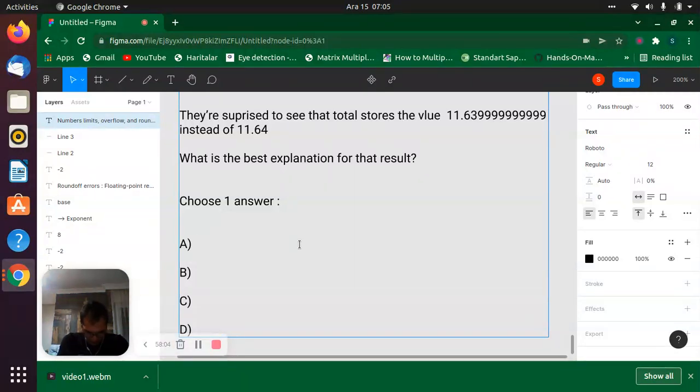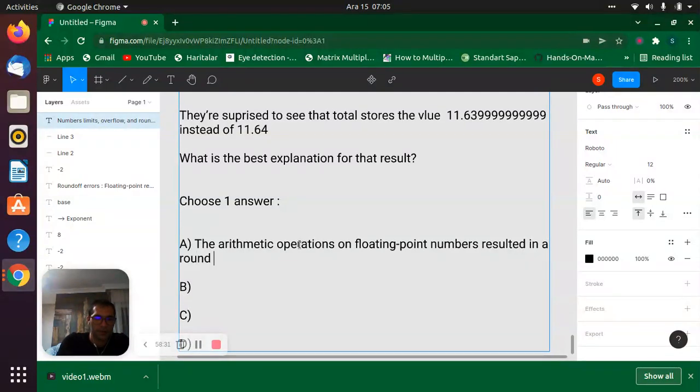The first one: the arithmetic operations on floating point numbers resulted in a round of error, right?